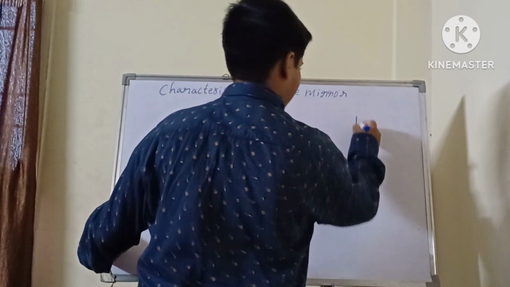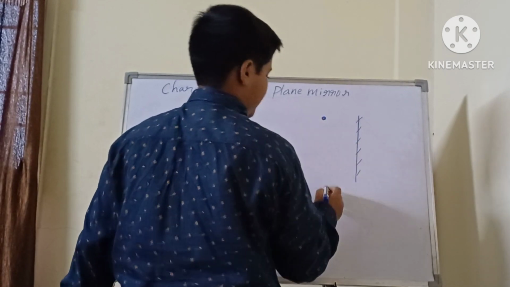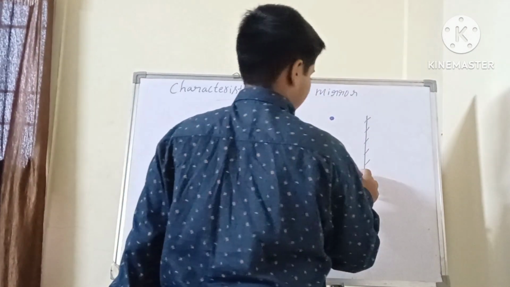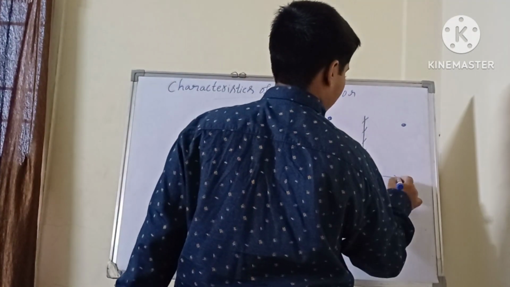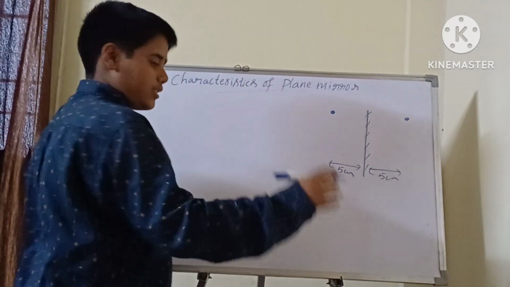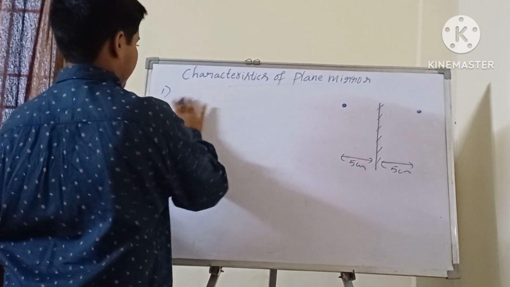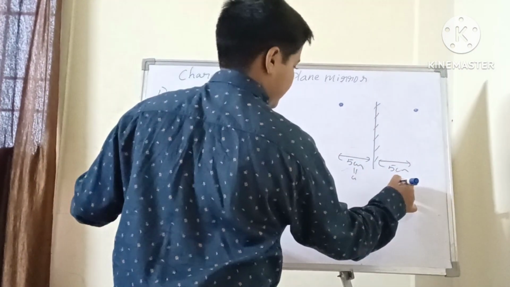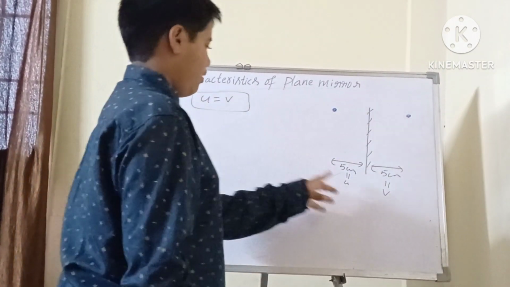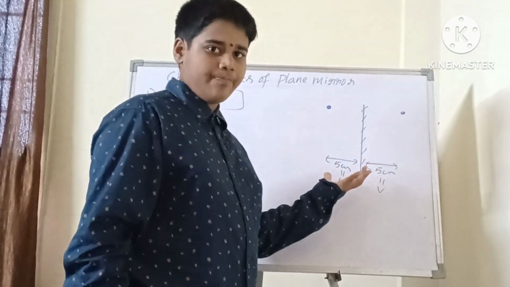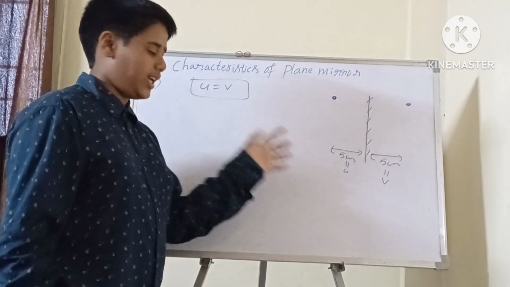The distance between the object and the plane mirror is 5 centimeters, and the image distance is also 5 centimeters. This is one of the characteristics. Here I am taking this as u and this as v. So u equals v. Here u means object distance from the mirror and v means image distance from the mirror. Here u equals v. This is one of the characteristics.